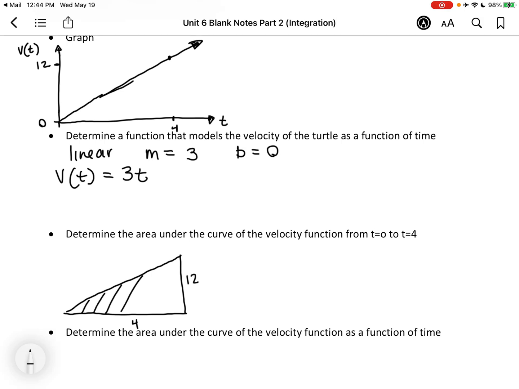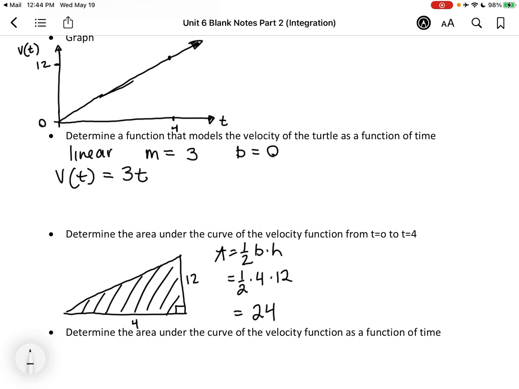And we're looking for this area, right? And this, of course, is a right triangle. And the area of a triangle is a half base times height. And so we're doing a half times 4 times 12. So half times 4 is 2. 2 times 12, that's 24.